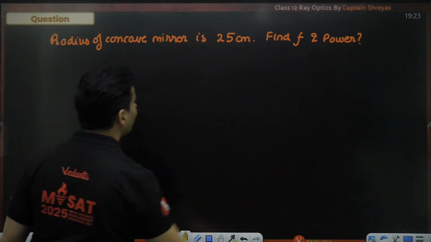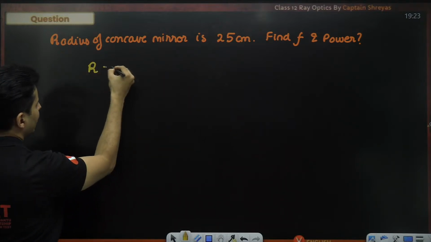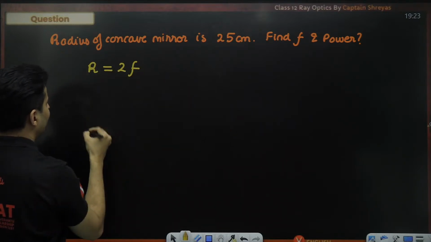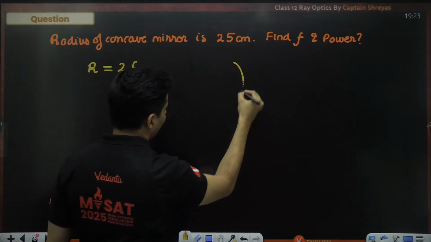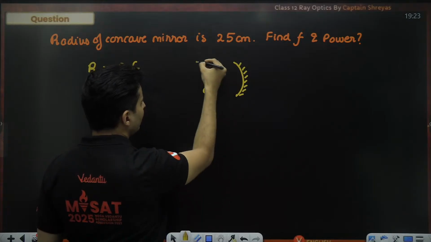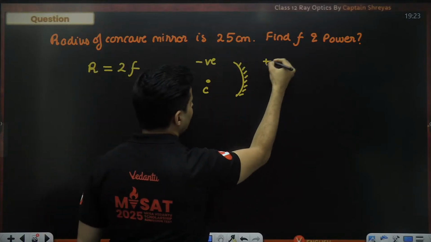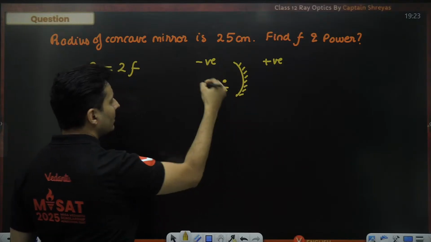Let's do this very quickly. Radius is given, find focal length. We all know radius is 2 times f. Because it's a concave mirror, do not forget, the center of curvature will be here. This will be the negative side, this will be the positive side. Focal length will also be on the negative side.